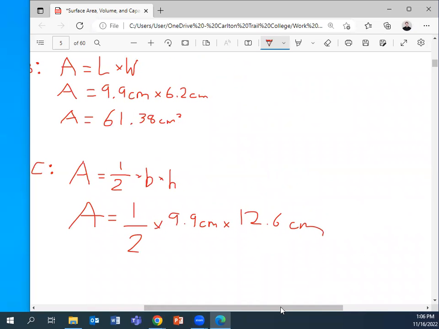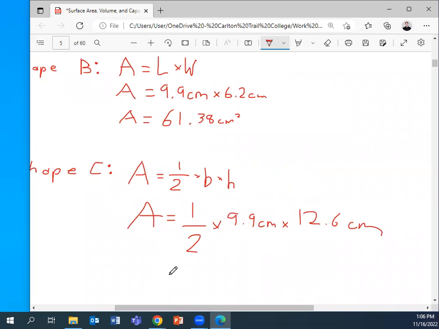So what does that all end up equaling out to at the end? I got 61.875. You got 61.87. 9.9, 12.6.